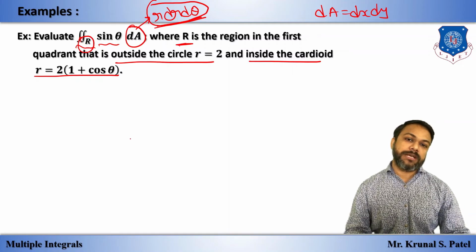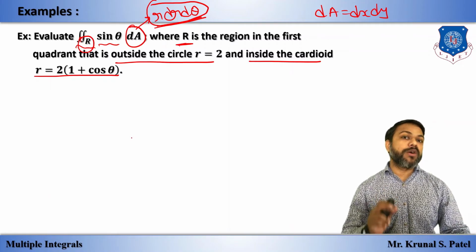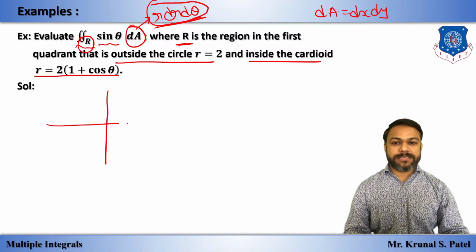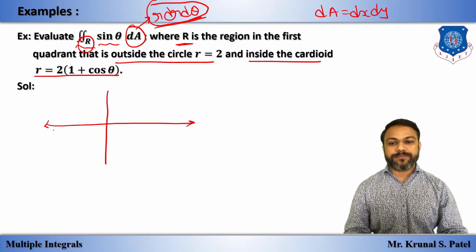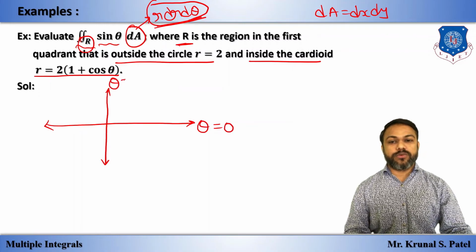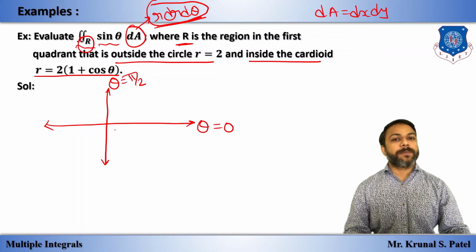So now two curves are given. First we have to draw these curves. So we have this graph, as I taught you. These are the two axes.